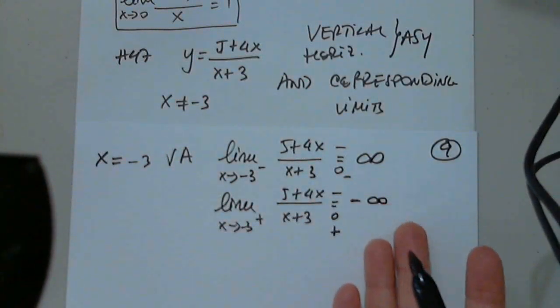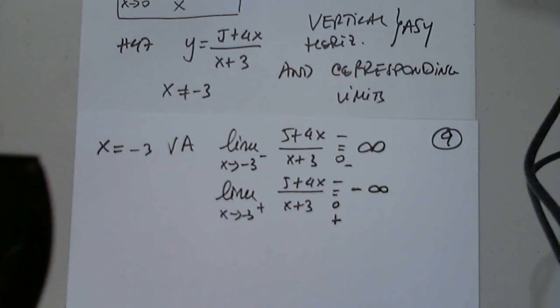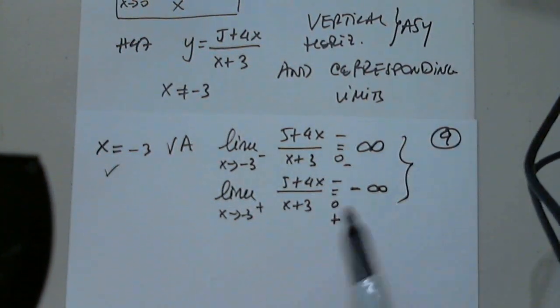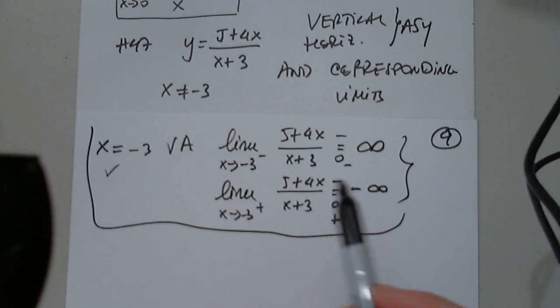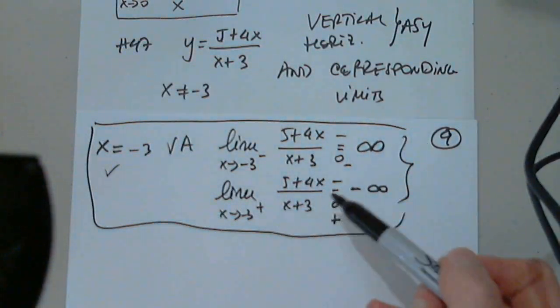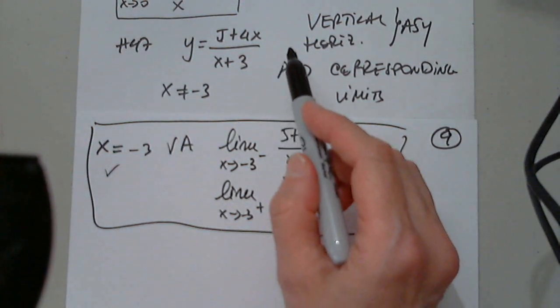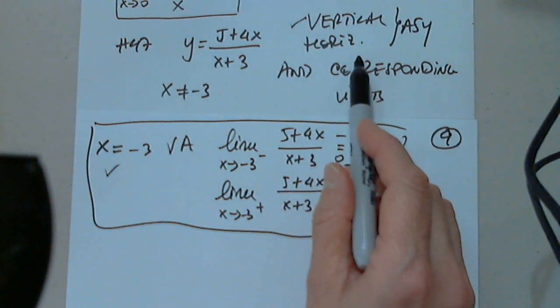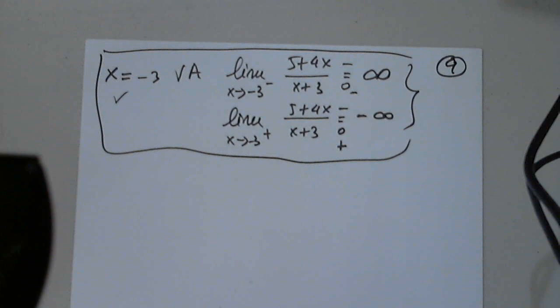Of course, the limit from either side does not exist. So these go together. Once I say vertical asymptote, I have to show the limits. So this is finished with vertical. But now I have to discuss horizontal. For the horizontal, what limits do I need to determine?